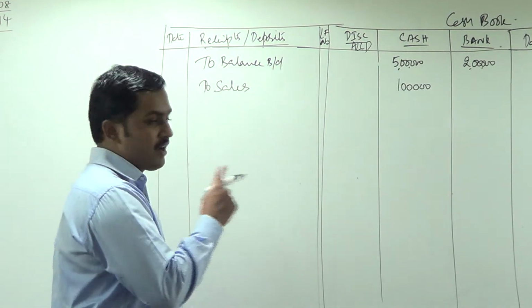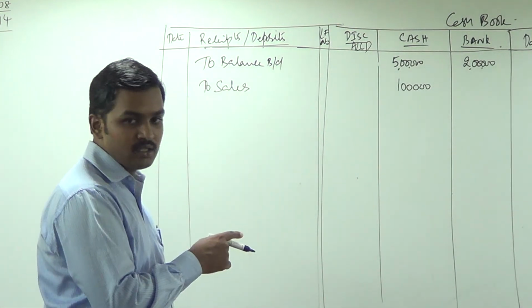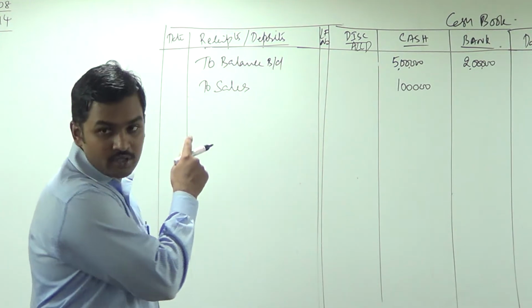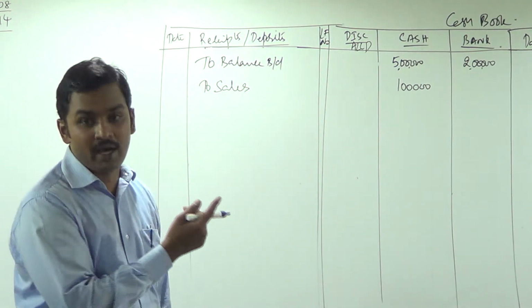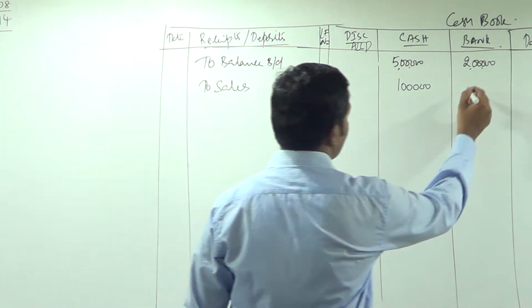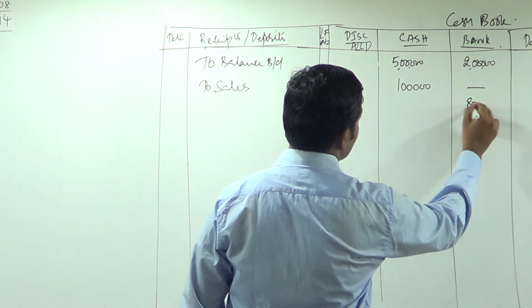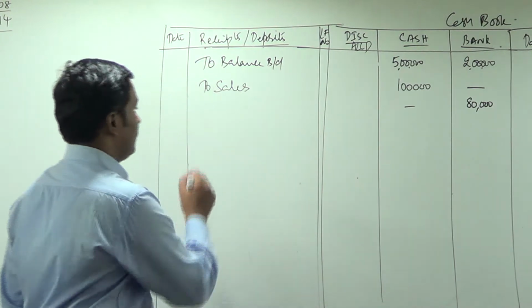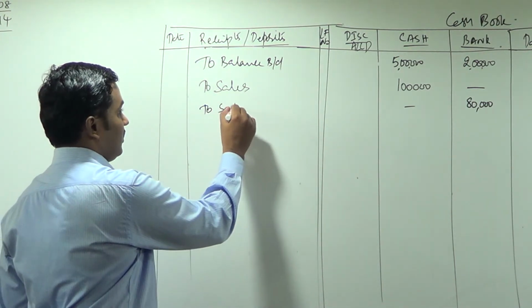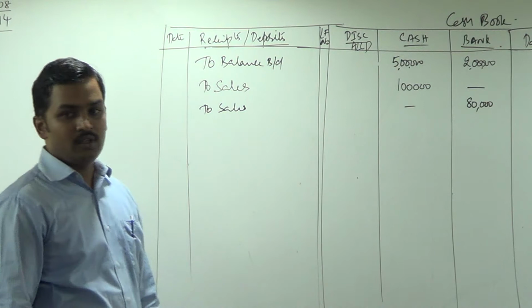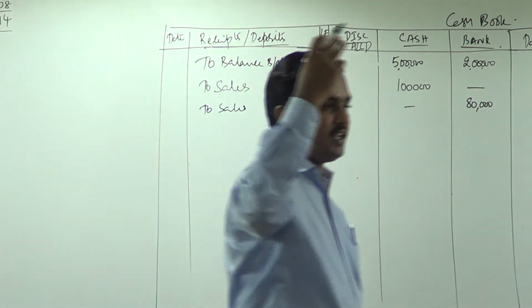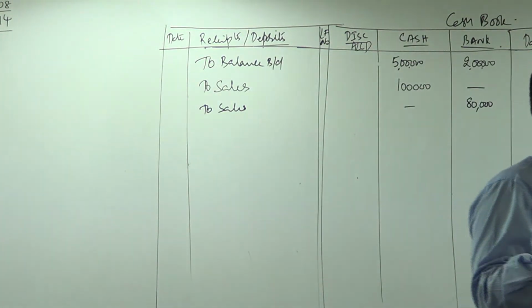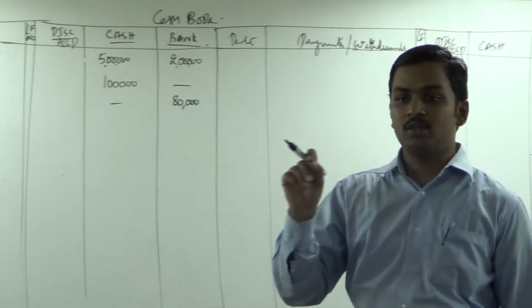Now do you have the bank account here? Yes. You have to record it on the deposit side, but in which column? Bank column, because it is a bank deposit. How much? 80,000 rupees. It's not 18. 80,000 rupees. To sales. If you have a confusion, you can think about the entry. Bank account debit to sales account. In the bank account, we should write to sales.